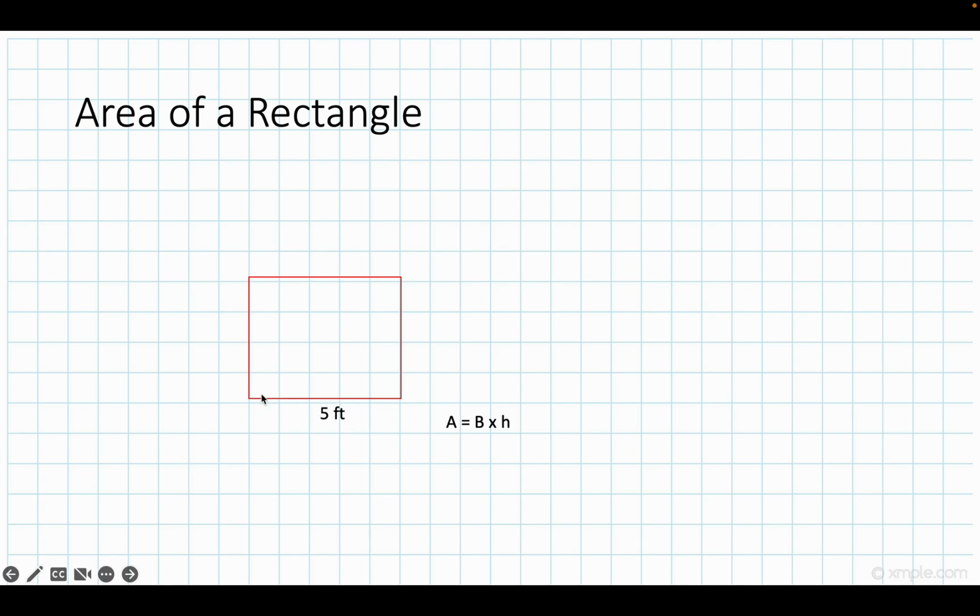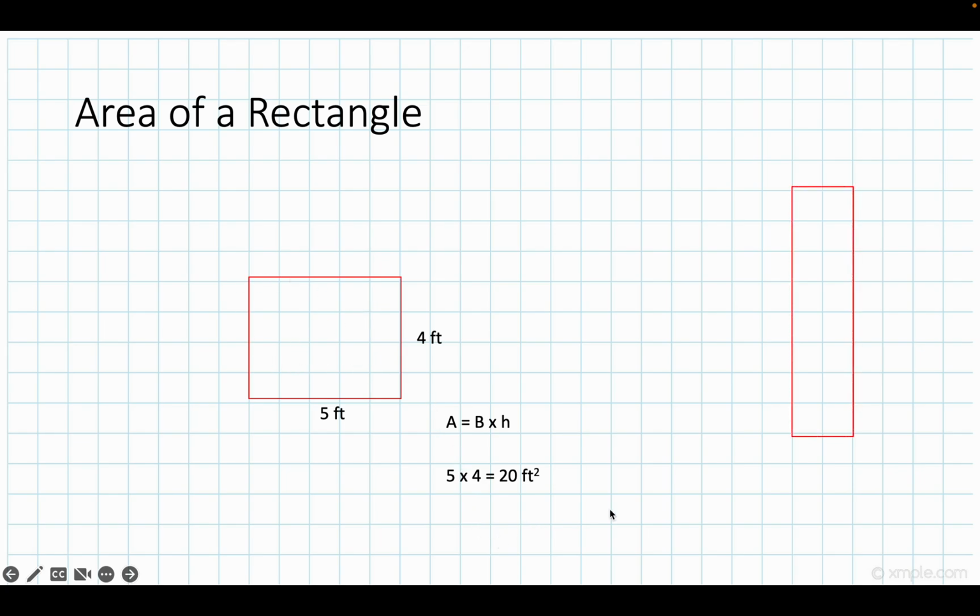I'm going to call this feet long. 5 feet long. That is the base. I'm noticing here that there's 1, 2, 3, 4. There are 4 feet here. So if I want to figure out how many, I would take 5 times 4, and that equals 20 feet. Same as when I counted out all the squares, right?